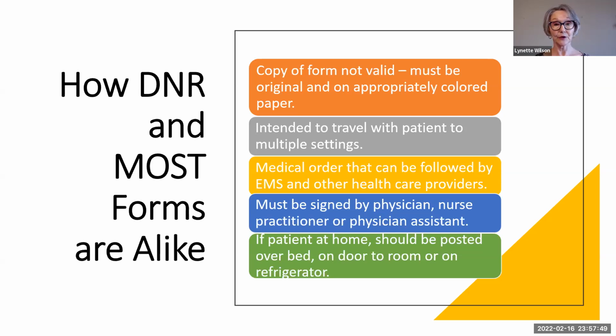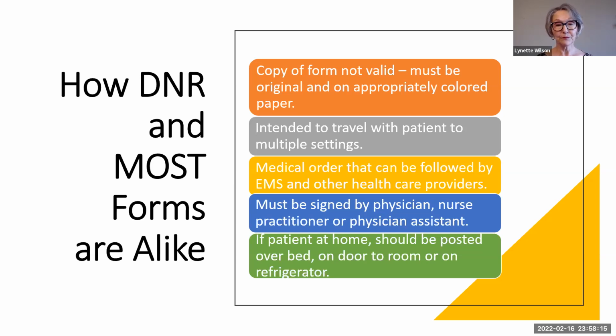That person who has the healthcare power of attorney is not in the home, and something happens while there's a paid caregiver or another family member there, and that person wants to follow the instructions of the healthcare power of attorney, then it would be helpful to have these in the home.